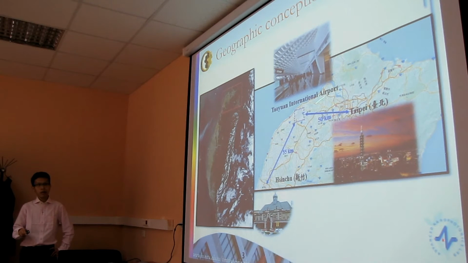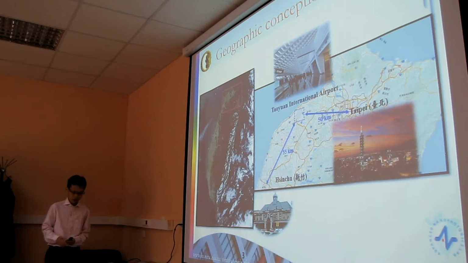The capital city of Taipei is 15 kilometers away, and Hsinchu city is about 50 kilometers away. This is a simple image of the different places, in case you have a chance to visit Taiwan.